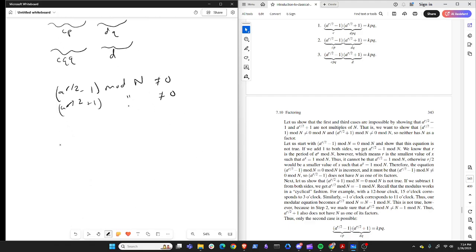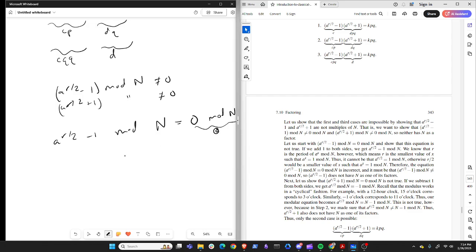We could just show that really quick. So if we assume that it does equal 0, then a^(r/2) minus 1 mod n is equal to 0. So you can add 1 to both sides. You wind up with a^(r/2) mod n equals 1 mod n.